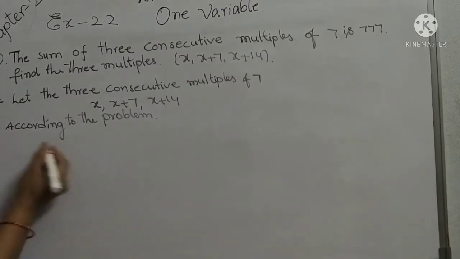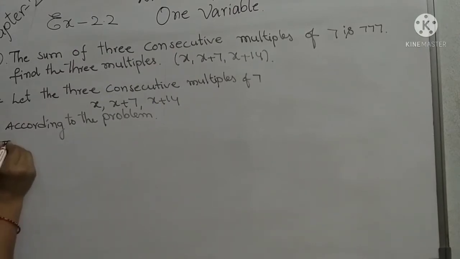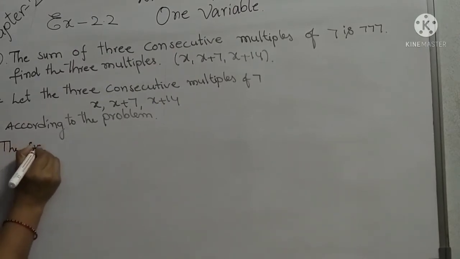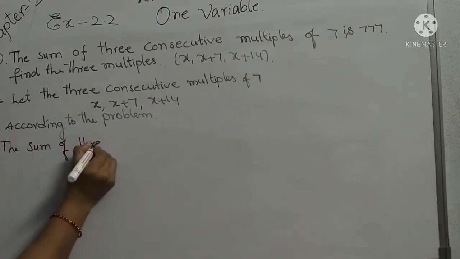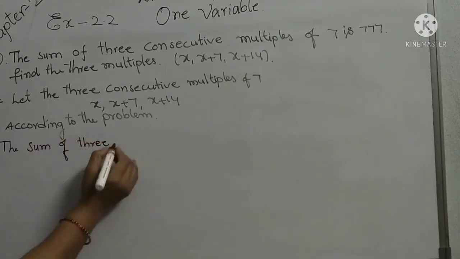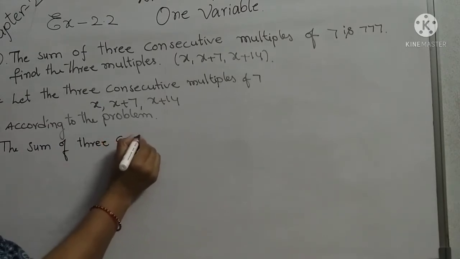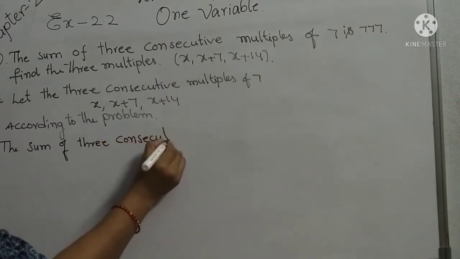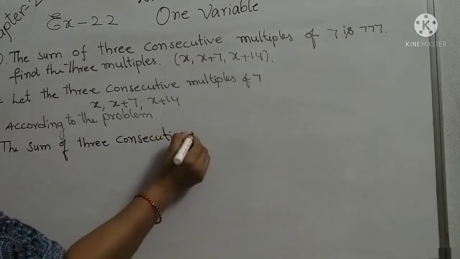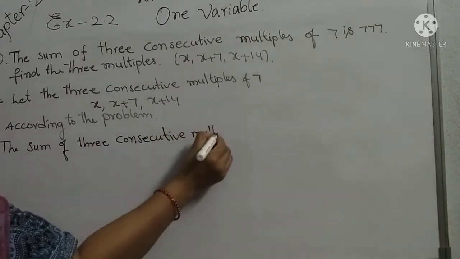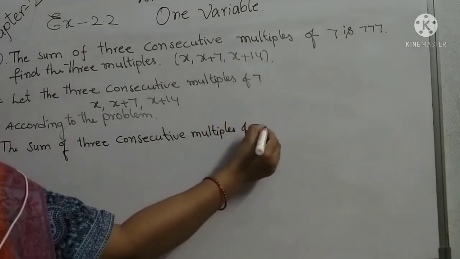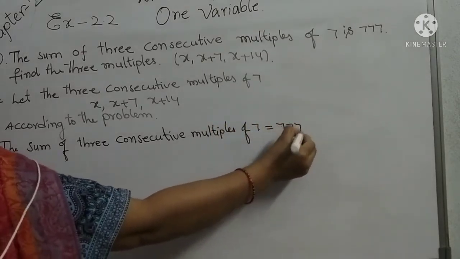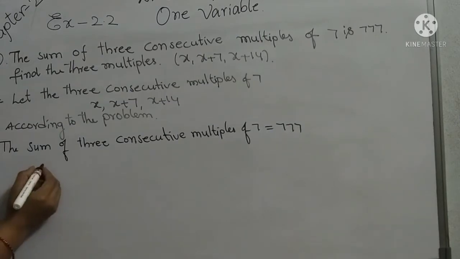So here the sum of three consecutive multiples of 7 is equal to 777.